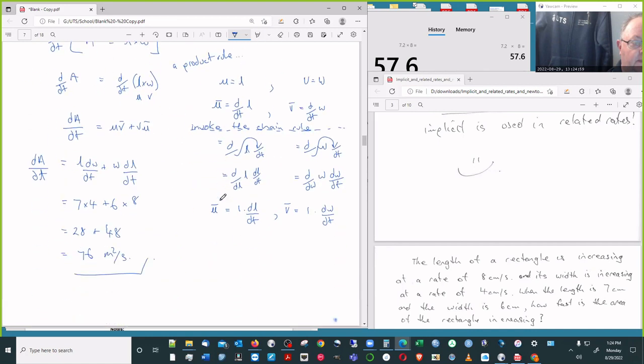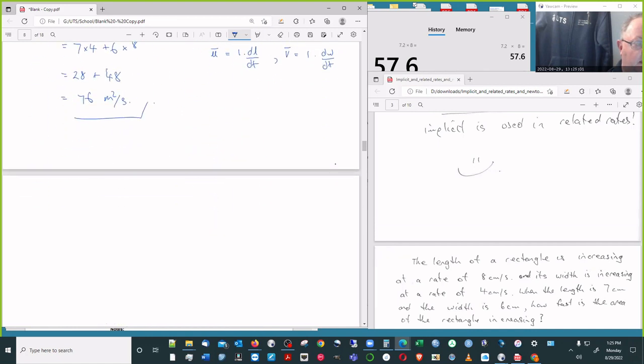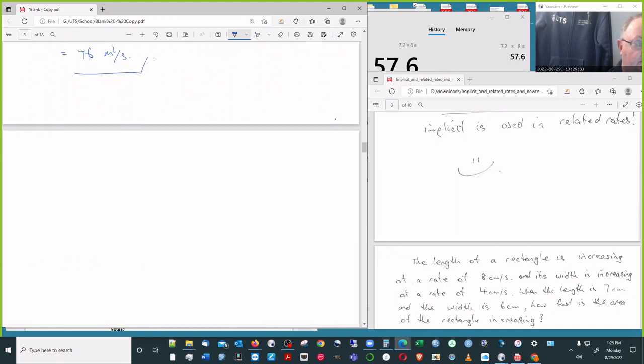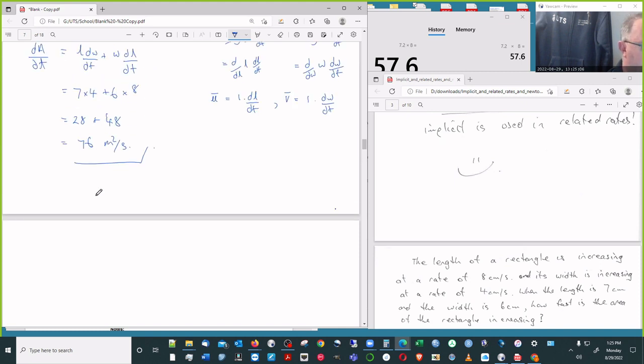Alright, so let's have a think about a harder one. Can I move on? Alright, so this is from the website again. An upright tank.